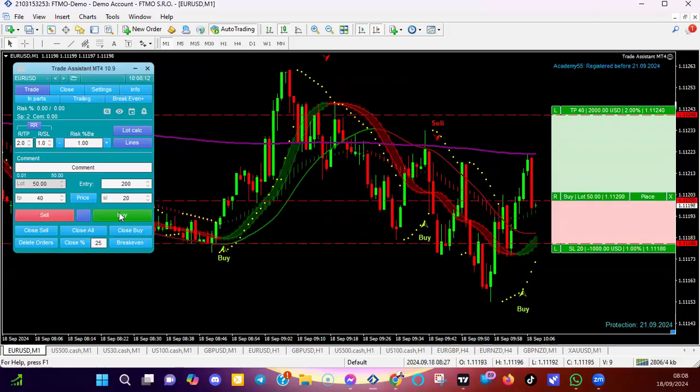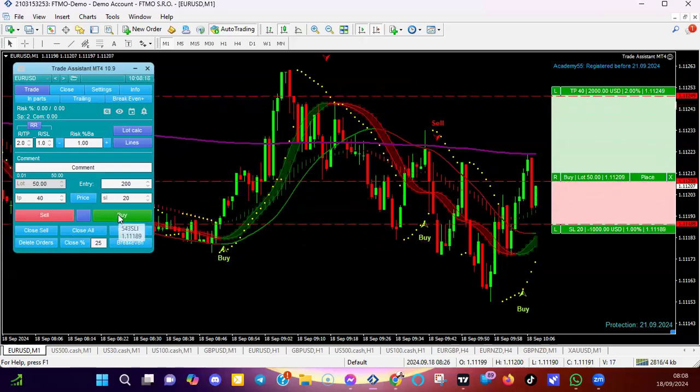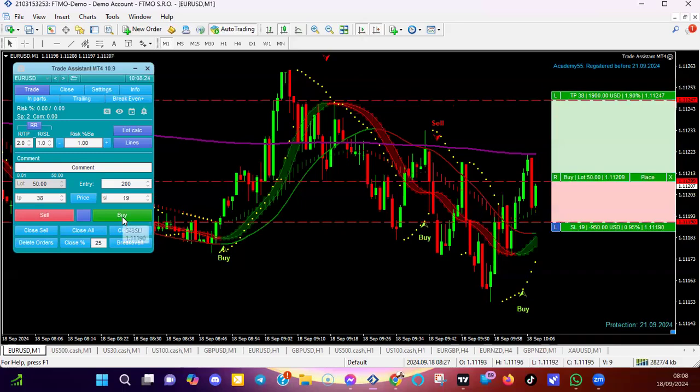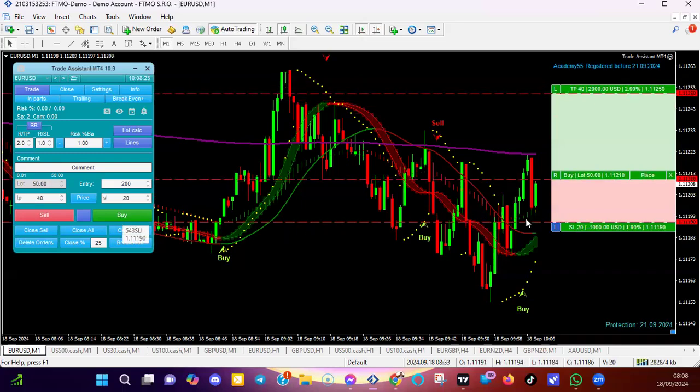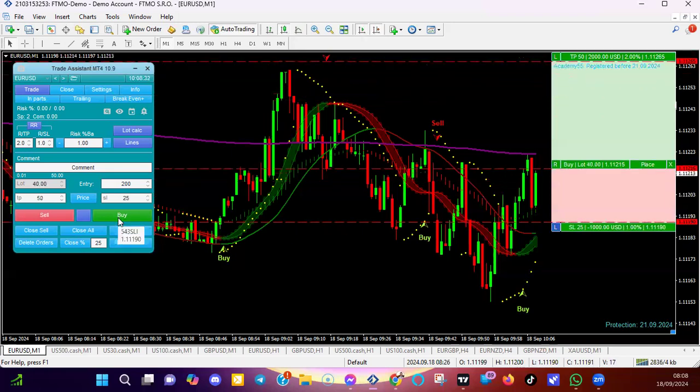And now I've got a second bite at getting in for a buy if it goes up again. That's where I want to put my stop loss. It's come down to sort out that imbalance there. Now it's sorted out that imbalance on that candle there.